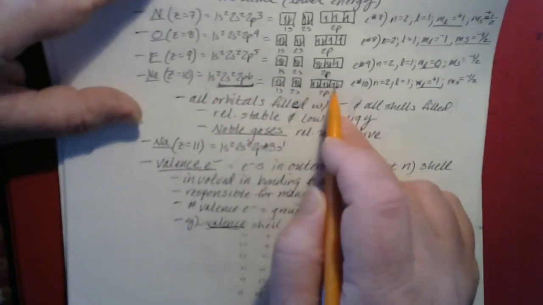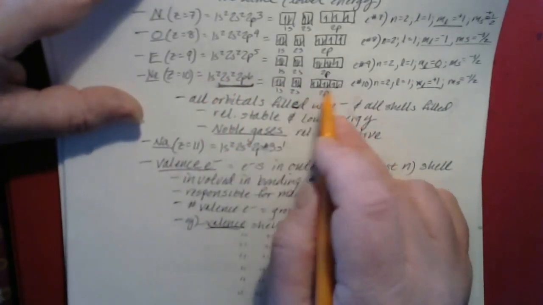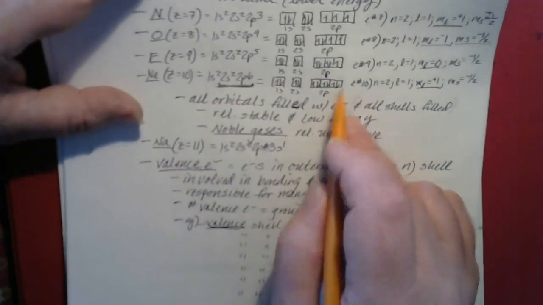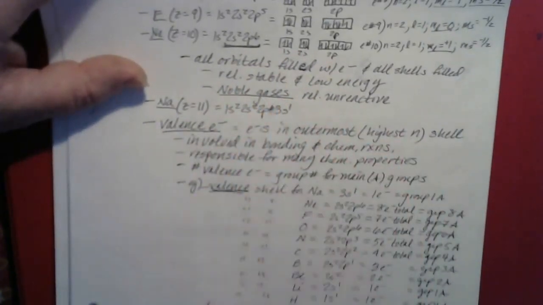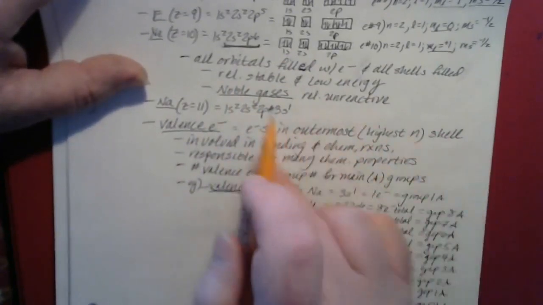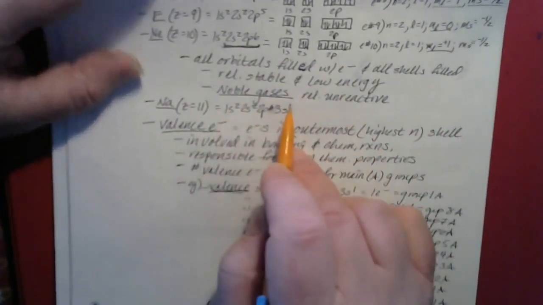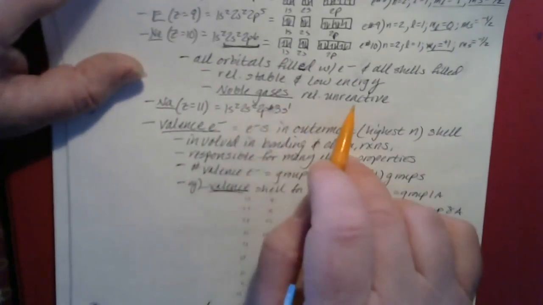And so now we have the p orbitals in the second shell completely filled. And again, when you have all of the orbitals in the outermost shell completely filled, that makes the element relatively stable, and that's why the noble gases are relatively unreactive.